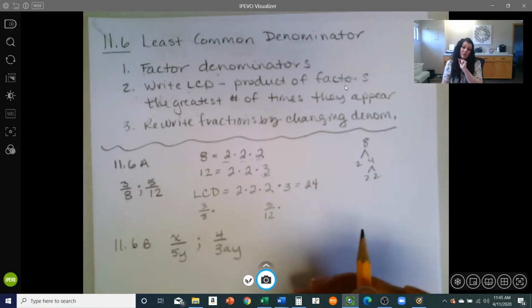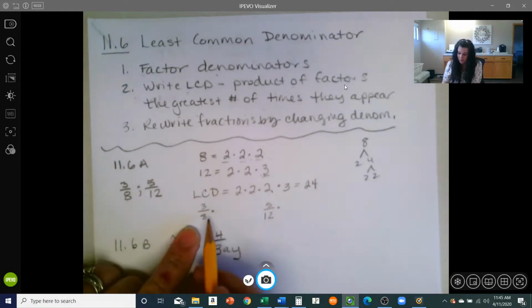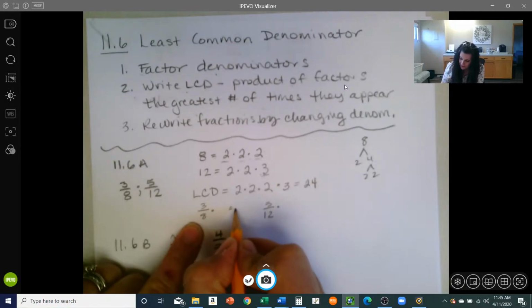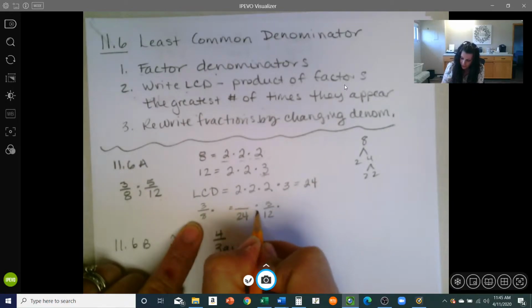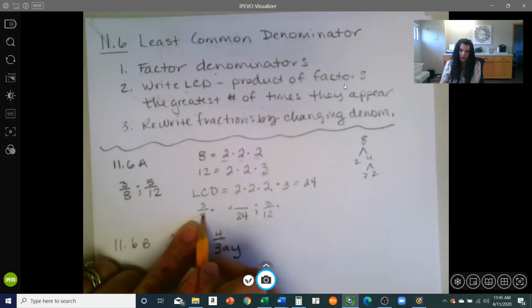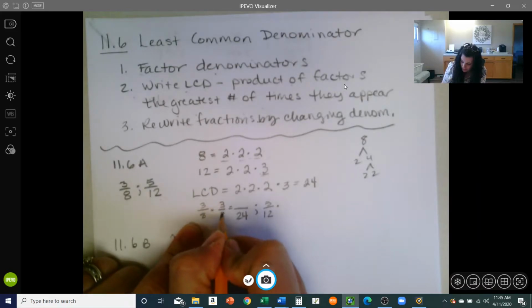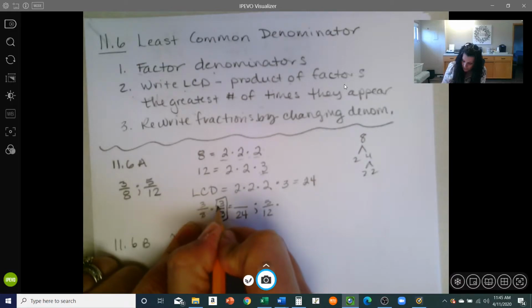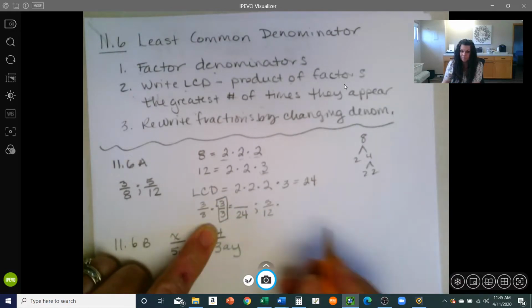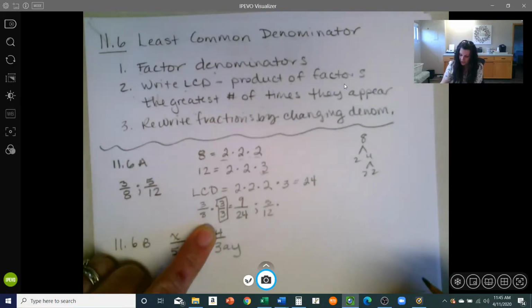I'm changing the number of pieces that it's cut into, but it's still the same exact amount. So if my least common denominator is 24, what do I multiply by 8 to get 24? 3. So remember, I have to multiply by 3 on the top and bottom. That's my fancy 1. And so I have 9/24ths.